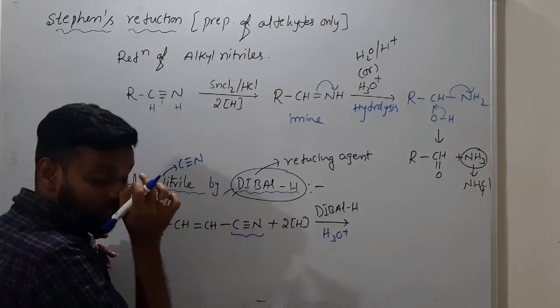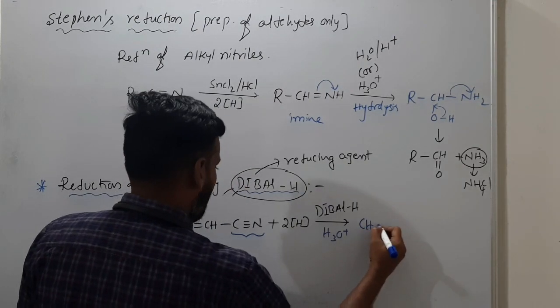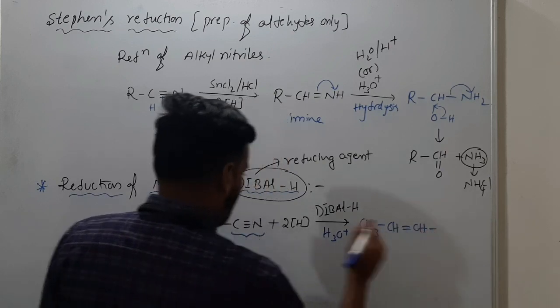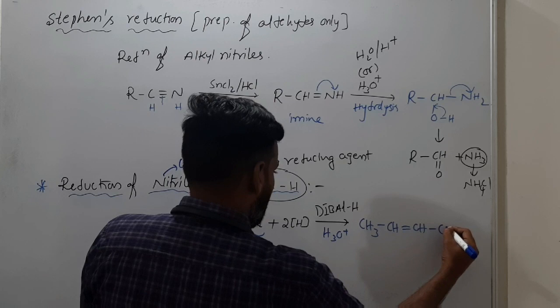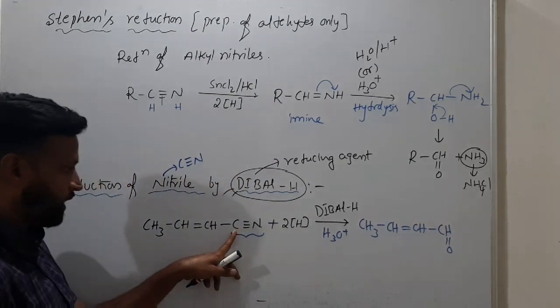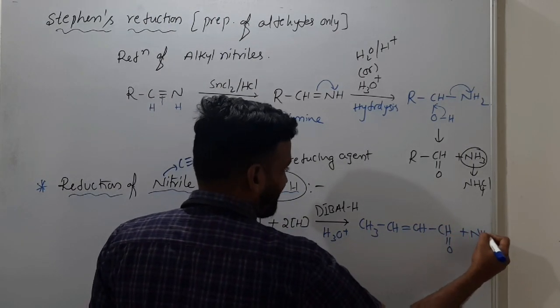Only C triple bond N will reduce. Then what will you have here? CH3, CH double bond CH, and here CH double bond O, and that nitrogen will be removed as NH3.